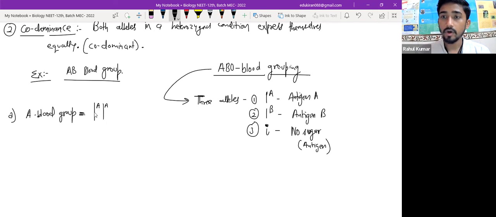The individual got the allele A for the gene from mother, and the same allele A from father as well. So this is a homozygous condition, and of course it will be A, right? The other possibility is IA and IO. In this case, there are two alleles. It is a heterozygous condition, but only A will be expressed, right? O will not produce any sugar. You understand?